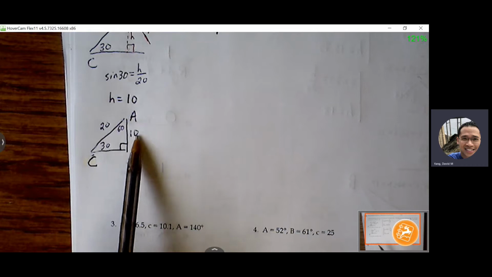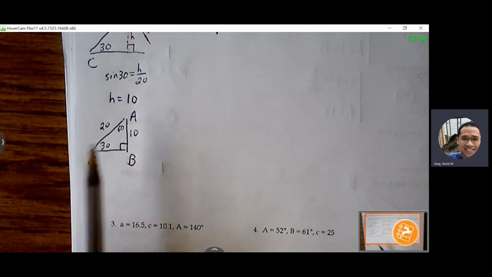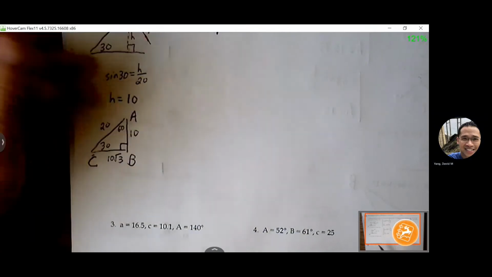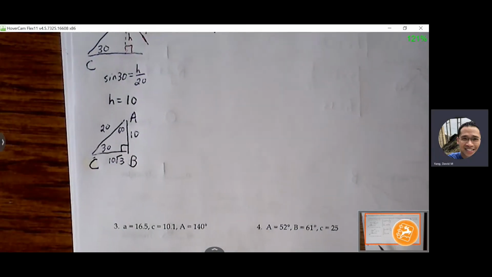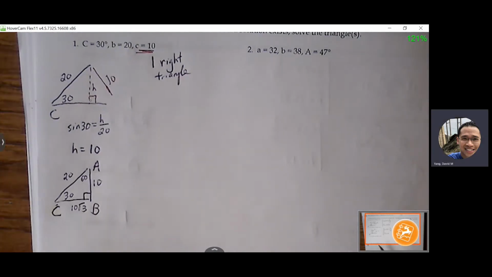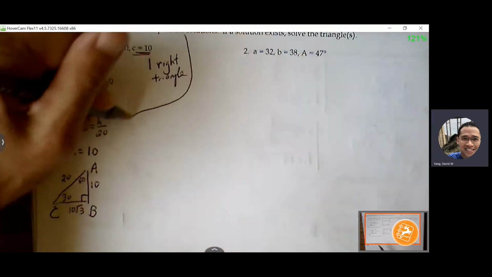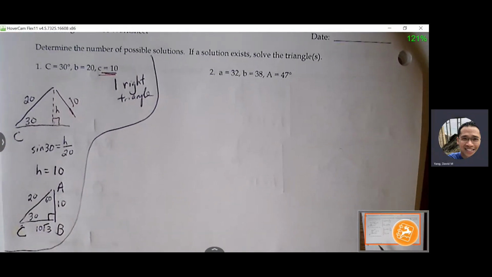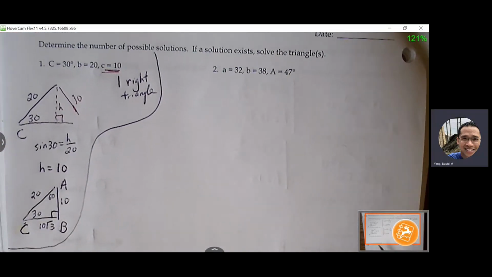This is a 30, 60, 90 triangle, so the long leg is going to be √3 times longer than the short leg. Either way. Okay, we're going to create room for number 2. Any questions with 1? Okay, let's see what happens with number 2 here.